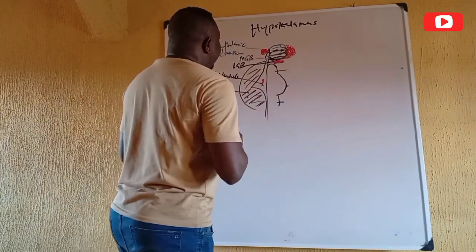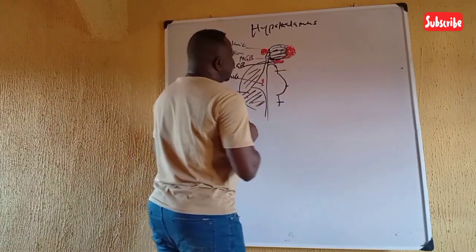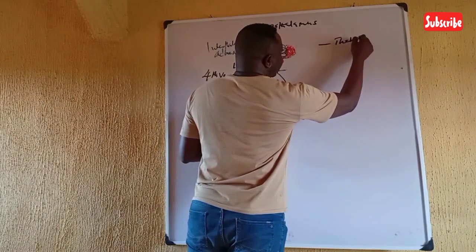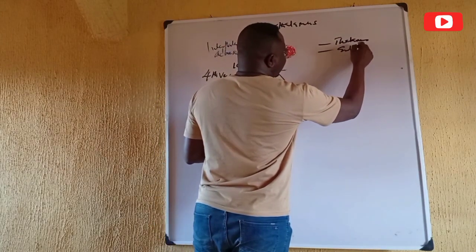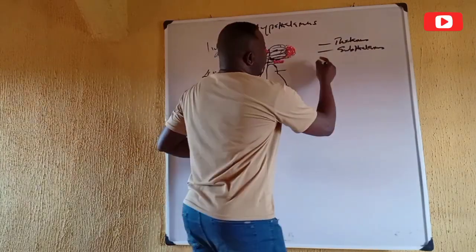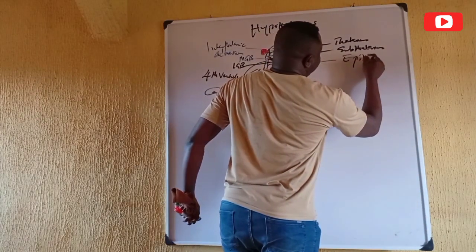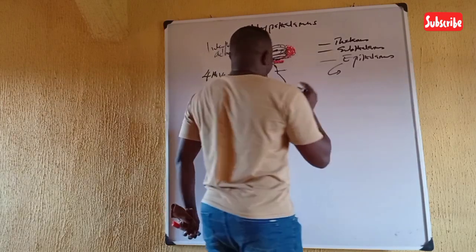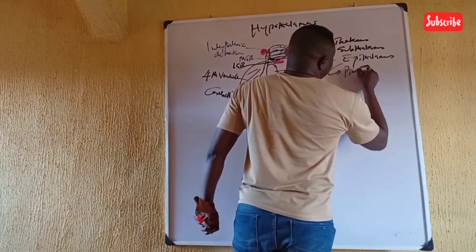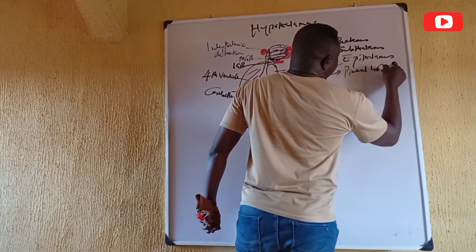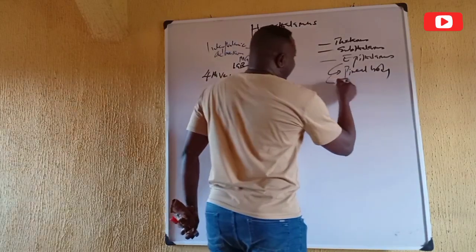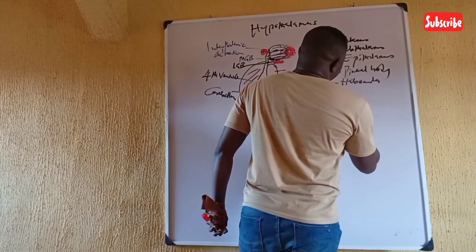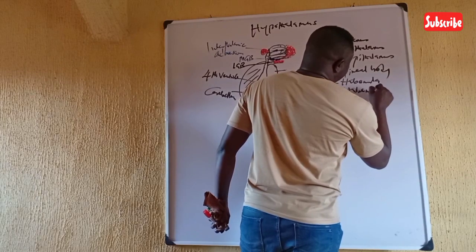Now, from this diagram, we have been able to establish that the diencephalon consists of the thalamus, the subthalamus, and the epithalamus. The epithalamus consists of the pineal body, the habenula and the habenular commissure.